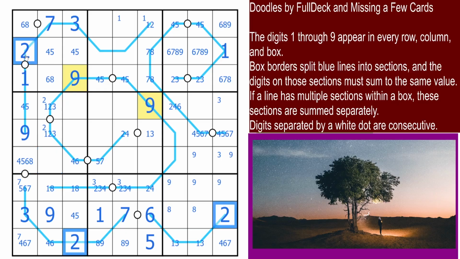Some kind of reflection. Somebody 2 3. 7. 7 is already here, right? Okay, so 7 is somewhere here. I'm not sure if that will help.